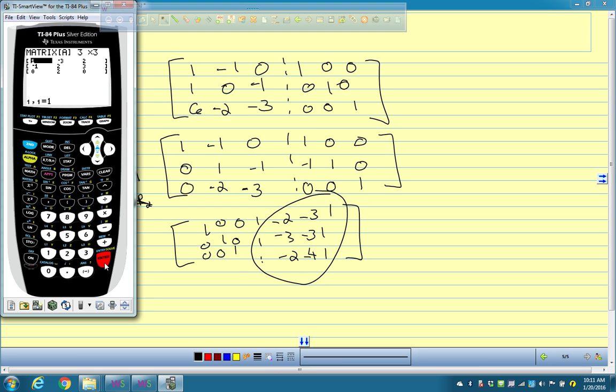And then I'm just going to put in those numbers: 1, negative 1, 0, 1, negative 1, 0, 1, 0, negative 1, 6, negative 2, and negative 3. Good. And now I have that. And then all I have to do is second quit. I'm going to take matrix A, second matrix A, and raise that to the negative 1 power right there. See what I just did?